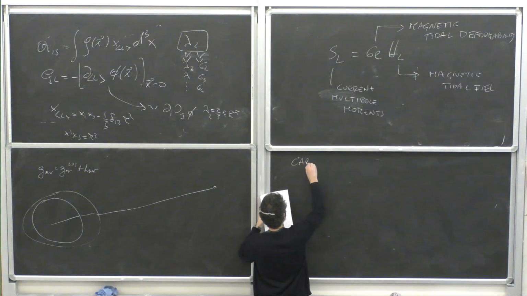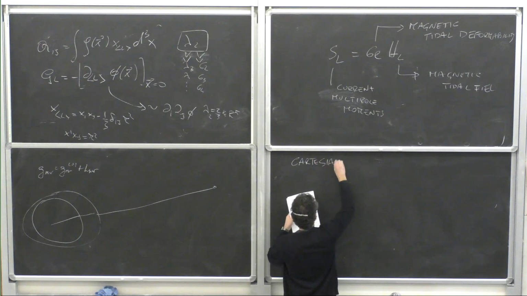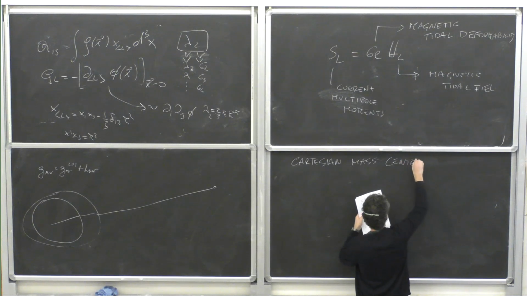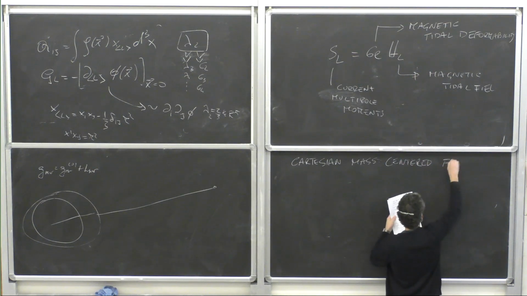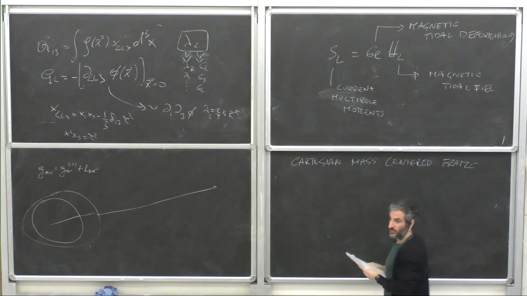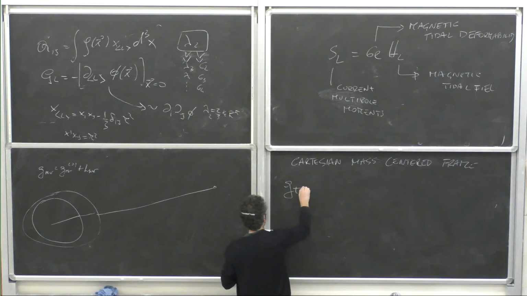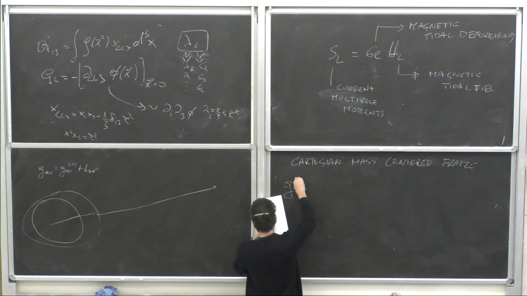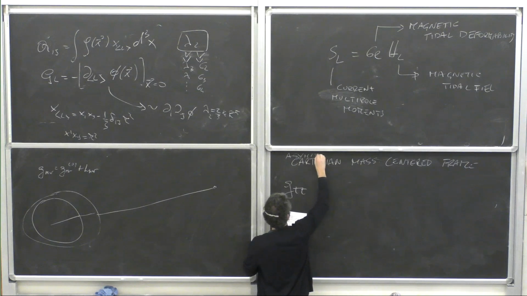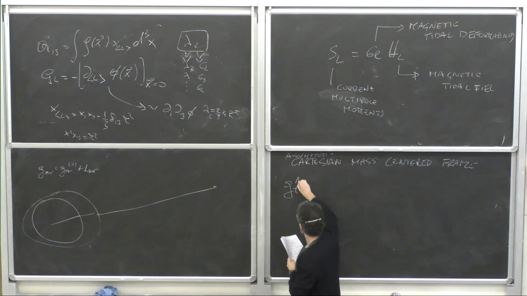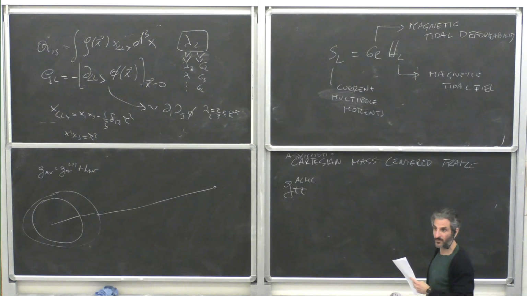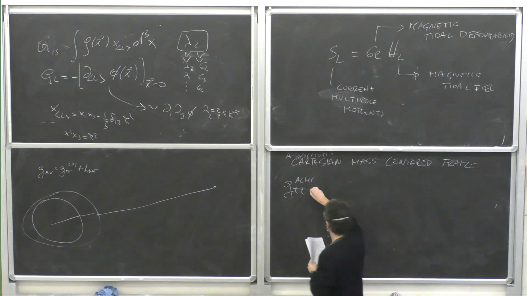In particular we will compute this in a Cartesian mass-centered frame in which, for example, the g_tt component of the metric has an asymptotic form, such that this metric is in the asymptotic Cartesian mass-centered frame, in which this has this form.